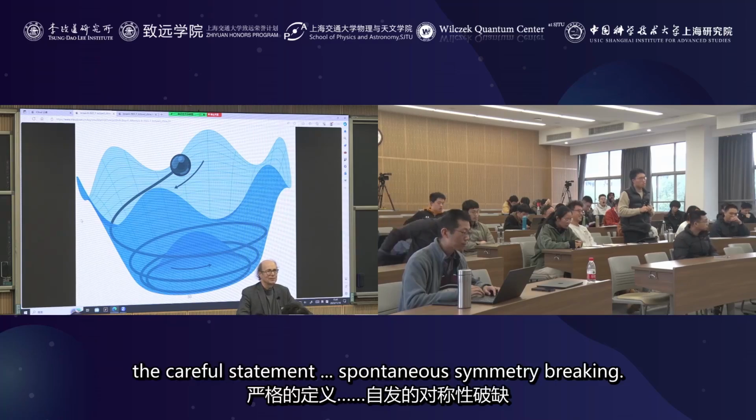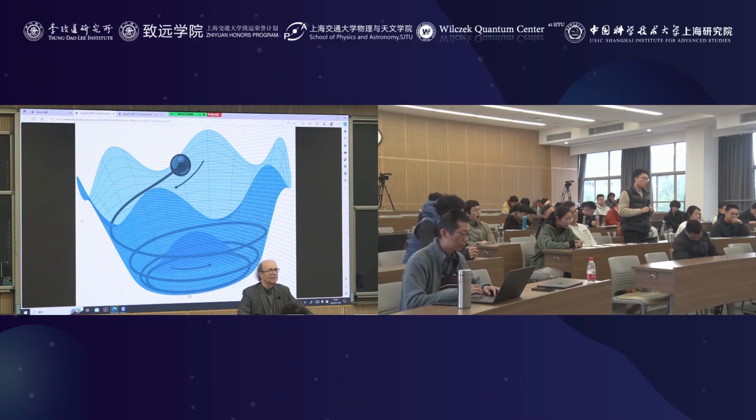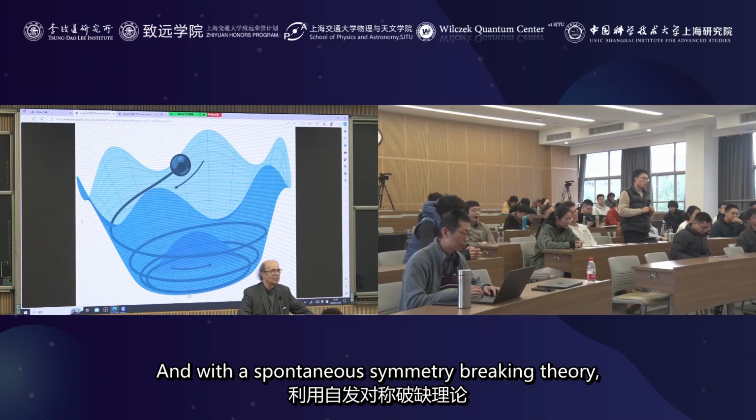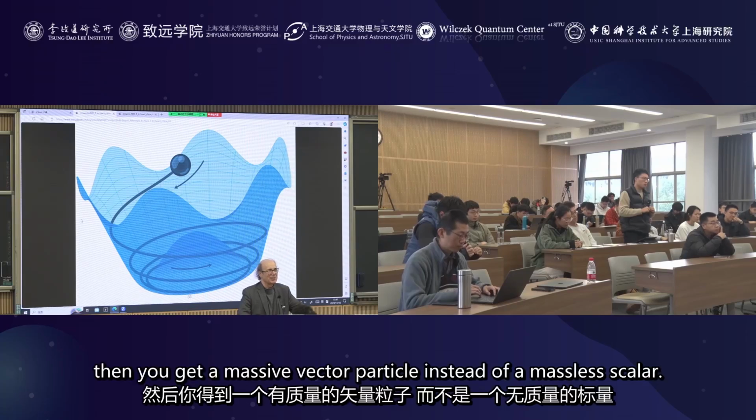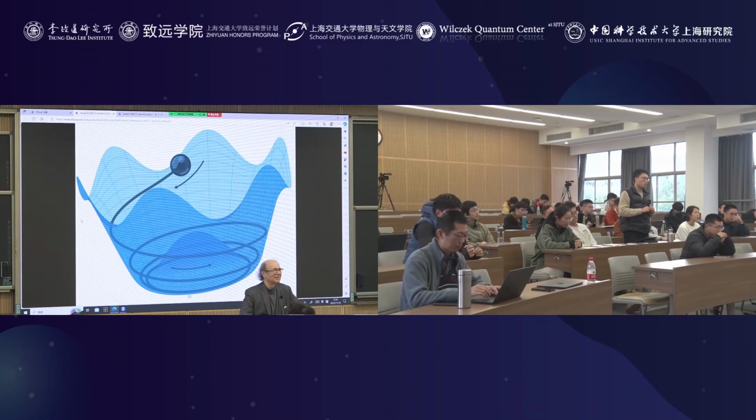The careful statement is that you have spontaneous symmetry breaking, and then you couple a gauge field weakly to the spontaneous symmetry breaking, and then you get a massive vector particle instead of a massless scalar.